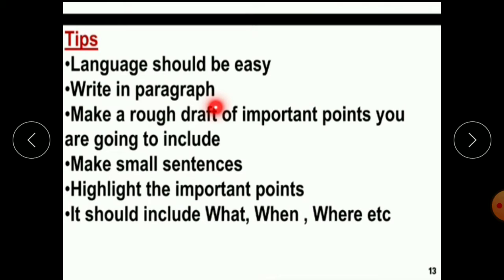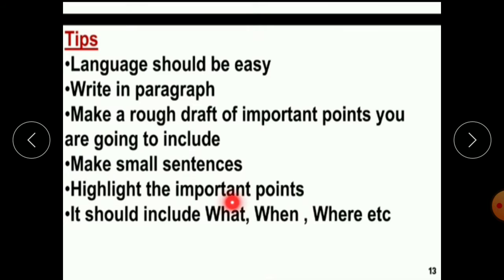Remember students, whether it is an article, report, notice, or the unseen passage, it should always be written in paragraphs. Then make a rough draft of the important points you are going to include. Then you have to make small sentences. Do not go for big sentences, because you are not going to explain anything. You have to report point to point, right?